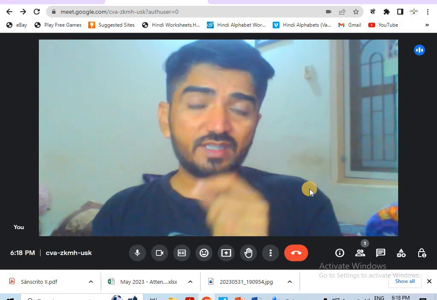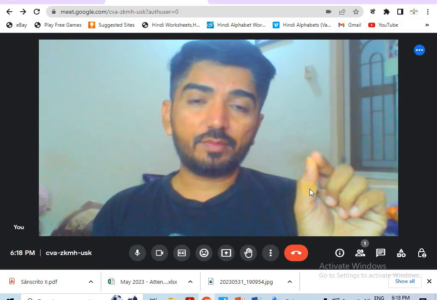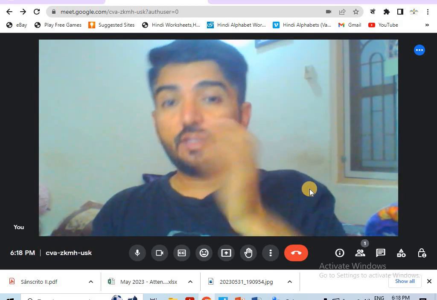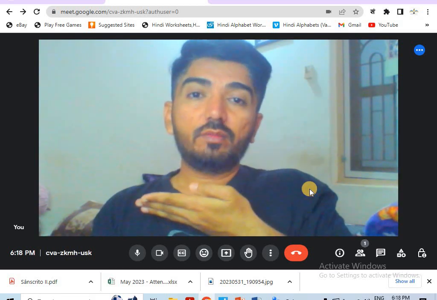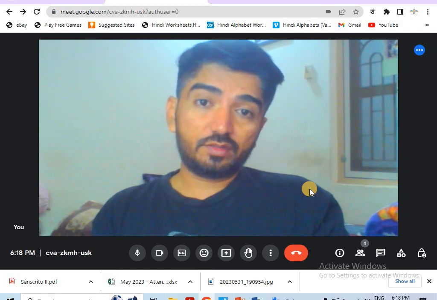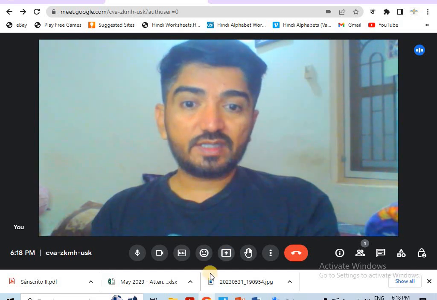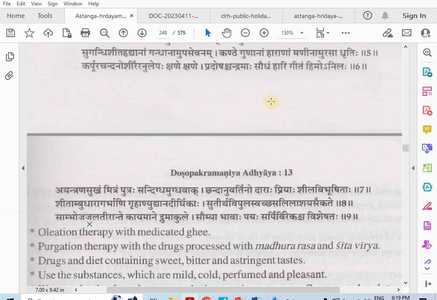Now here they said kanthe gunanam haranam. So this should be worn on the neck till where? Not up to this part, but up to the chest. And there is a word for the chest here: urasa. Here we have maninam and then urasa. So urasa is basically chest. Drutihi means wearing.